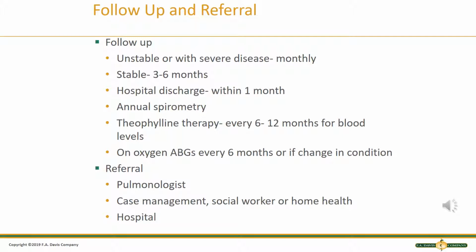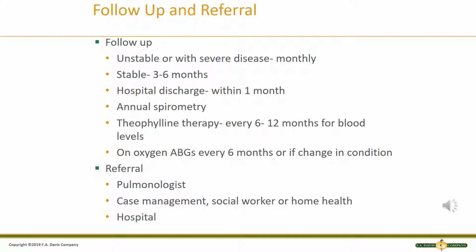It's a good idea to do annual spirometry to monitor the disease progression. If they are going to be on theophylline therapy, you're going to need to see them every 6 to 12 months because they're going to need blood draws to monitor that therapeutic effect. If they're on oxygen, ABGs should be done every 6 months or when there's any change in condition.